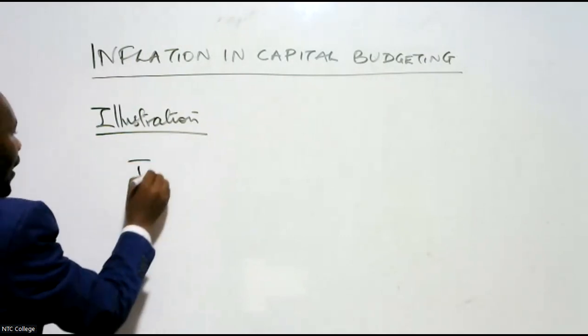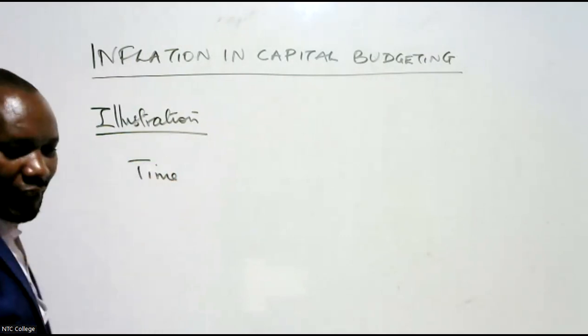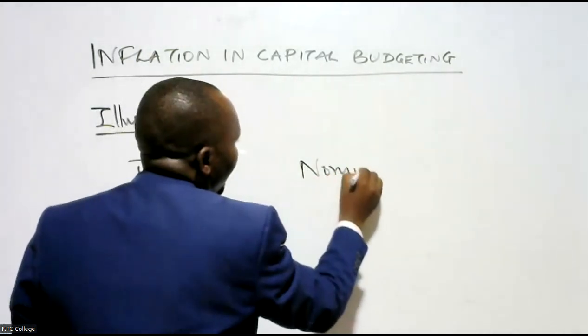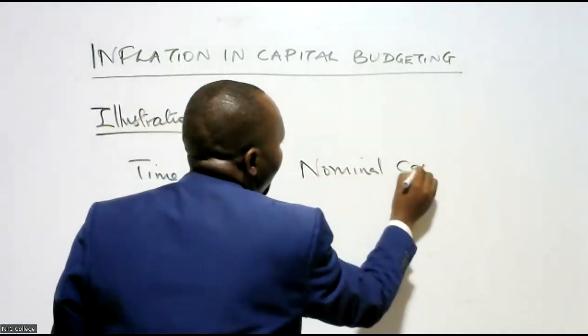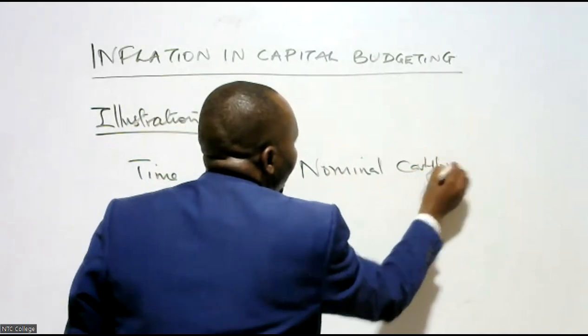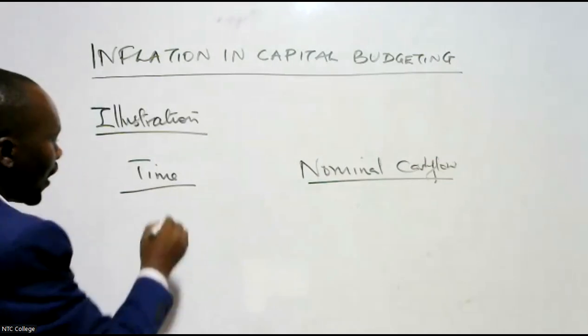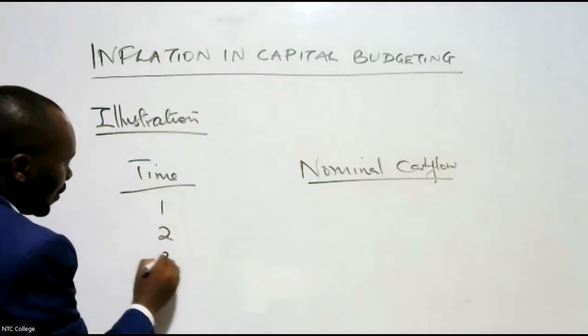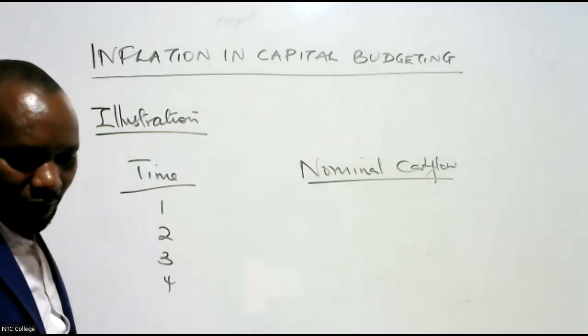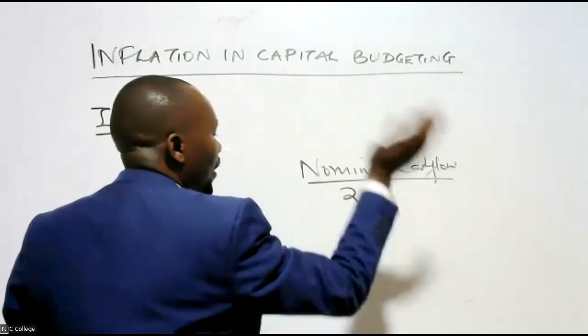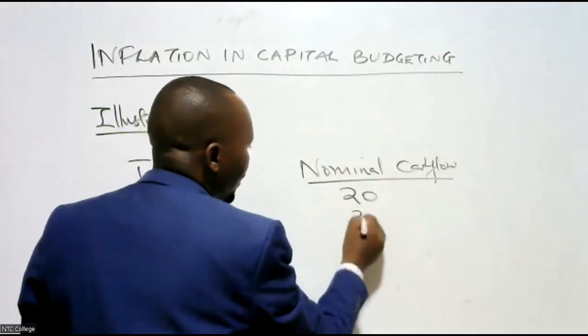Assuming that you're given time, and time here would refer to years, and then we have nominal cash flow. The cash flows are nominal. The time is also there. Then we have 1, 2, 3, 4. Those are 4 years. The cash flows are 20. Let them even be millions or thousands. Don't mind.